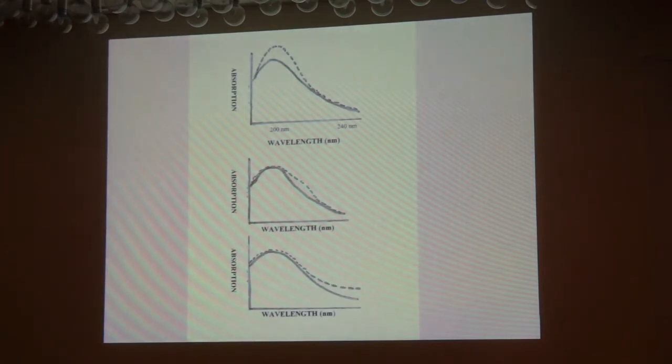So to summarize all this work, there are 3 patterns that are generated depending on the type of energy source. You either get a primary effect with the peak, you get a shoulder effect, or you get an effect at around 230 nanometers. This is the conventional or normal observation.